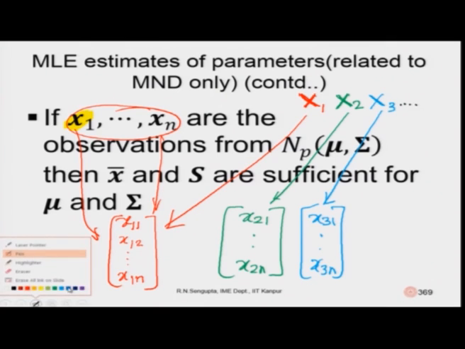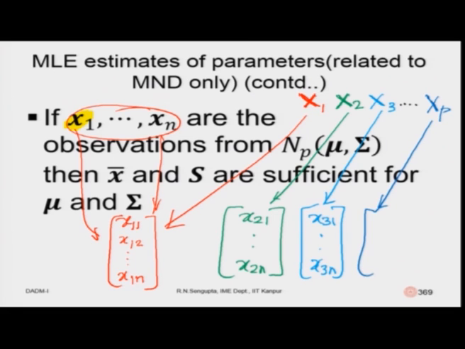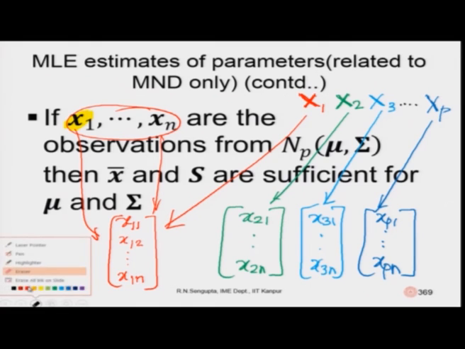This is xp, or xk, whatever you denote: xp1 up to xpn.